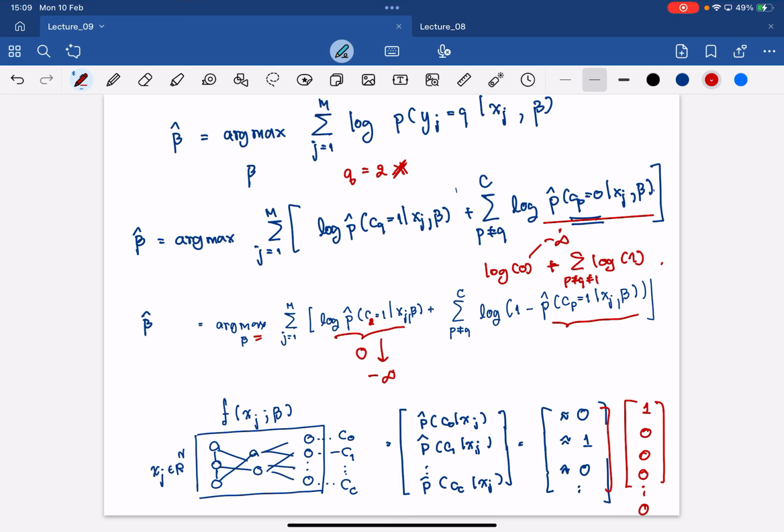So if anything is wrong, it will turn this loss function to minus infinity. It will no longer be a maximum value.